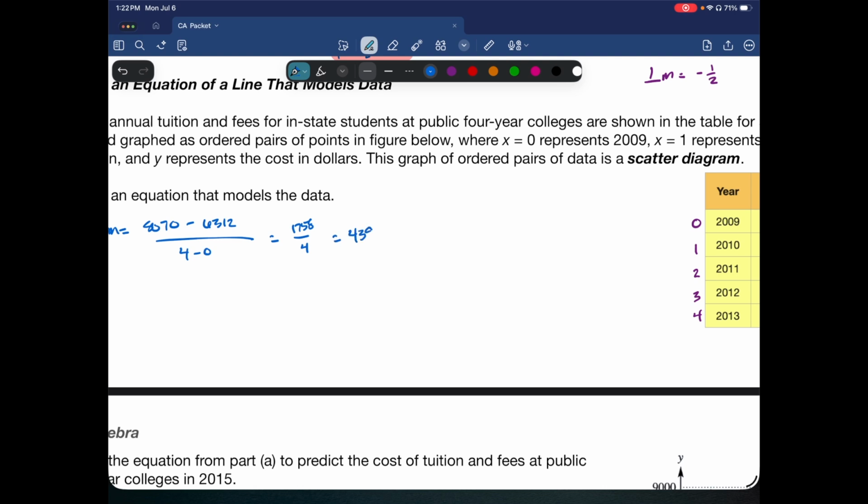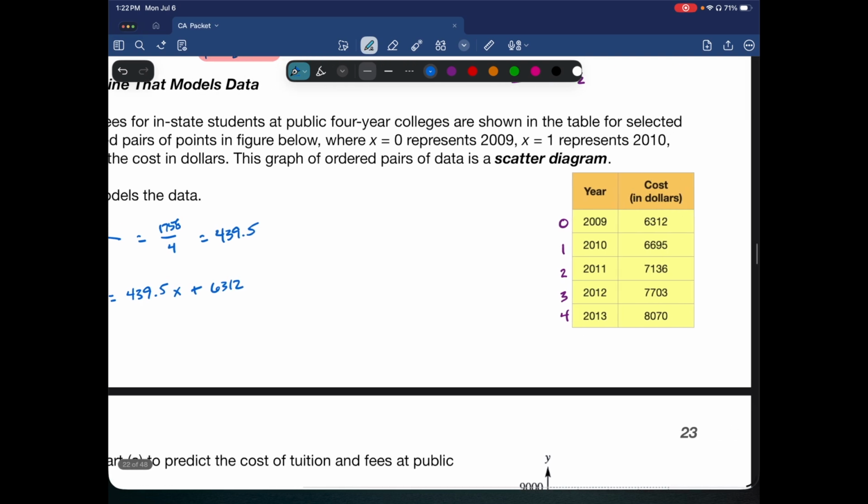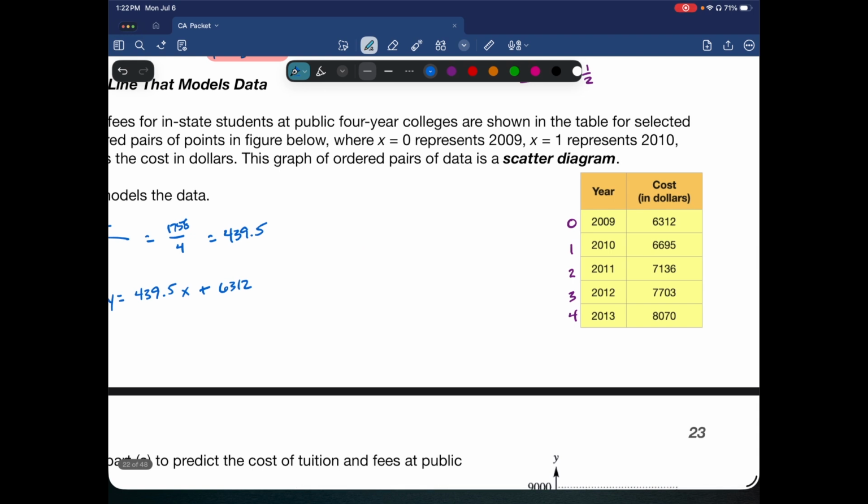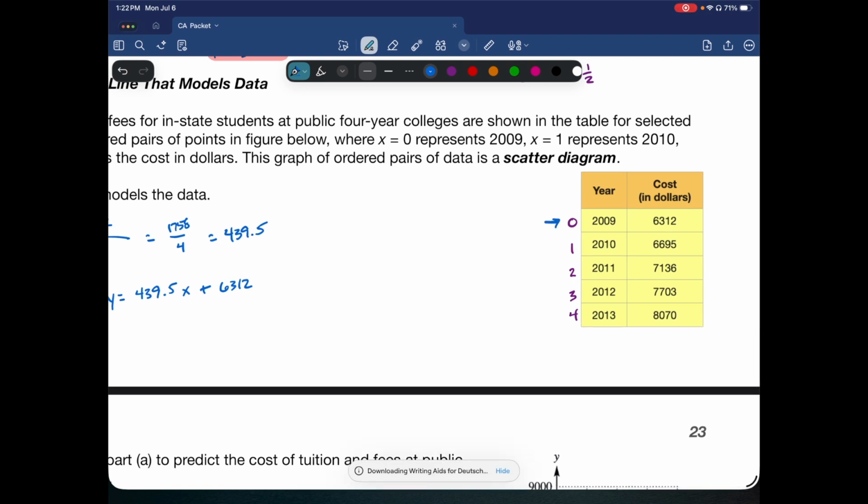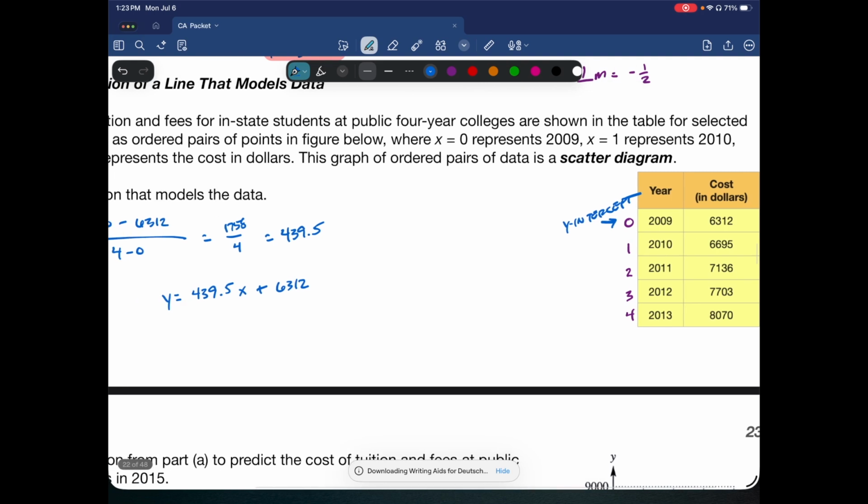So that's 439.5. And so my equation is going to be 439.5 x plus 6312. Because remember, if x is 0, I'm dealing with my y-intercept. So this first point here is my y-intercept. Okay, so that's my equation.